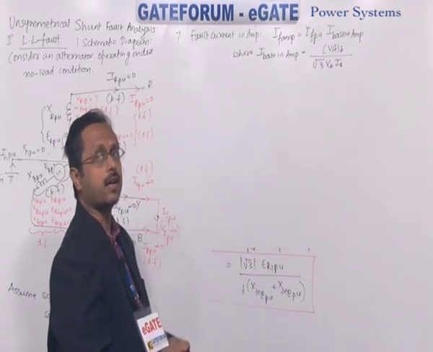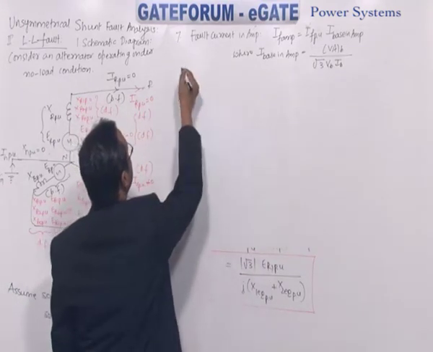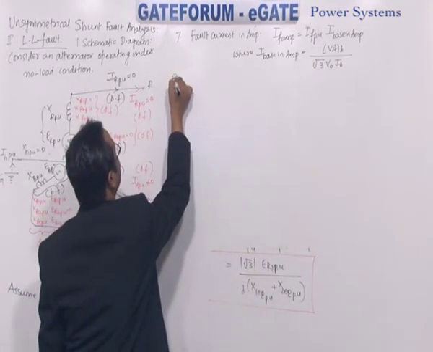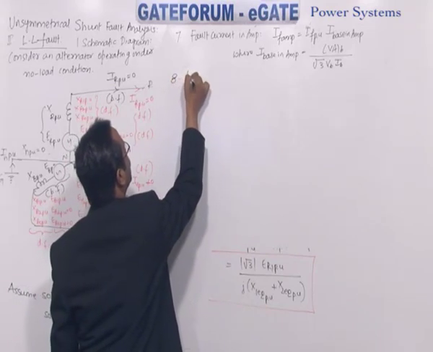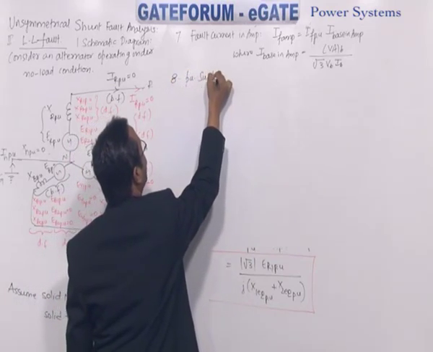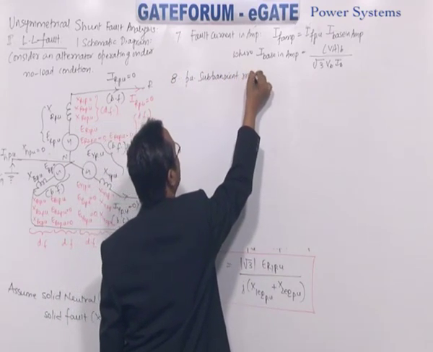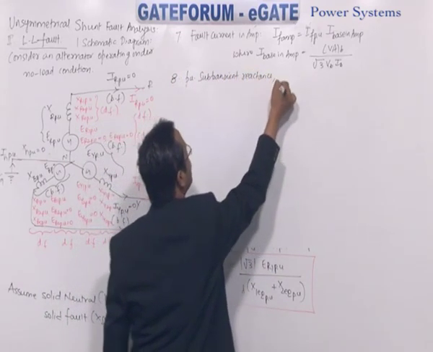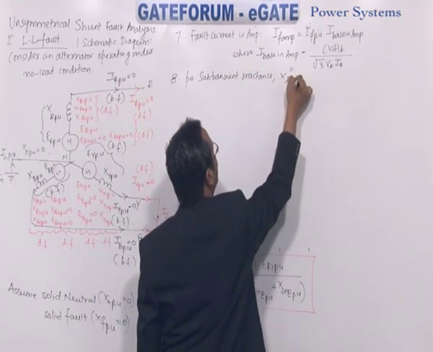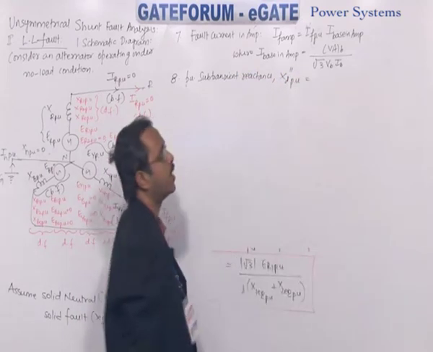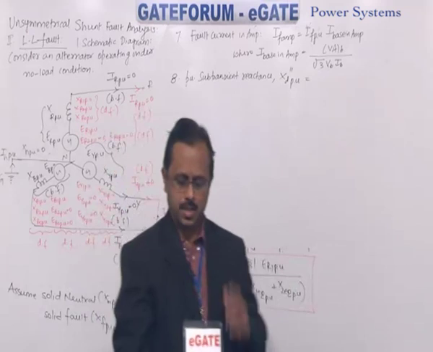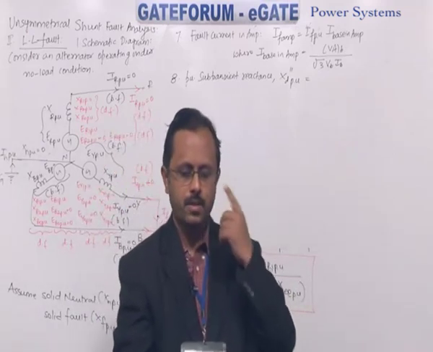Now we have to find subtransient reactance in per units. The per unit subtransient reactance Xd double dash per unit. What is the definition of subtransient reactance?